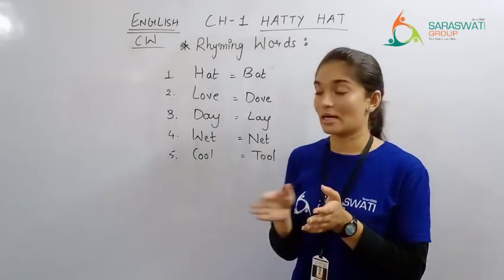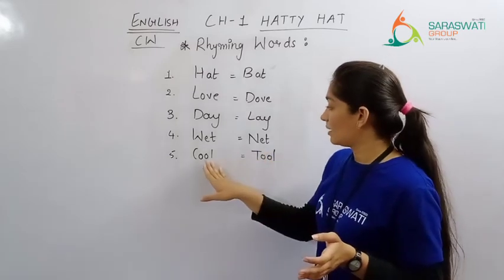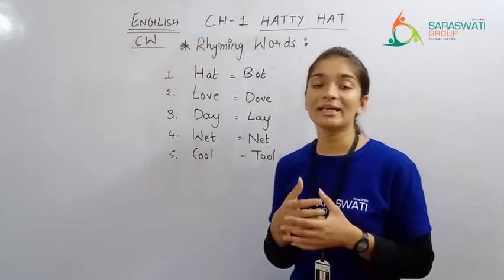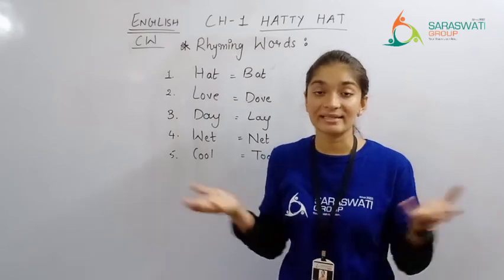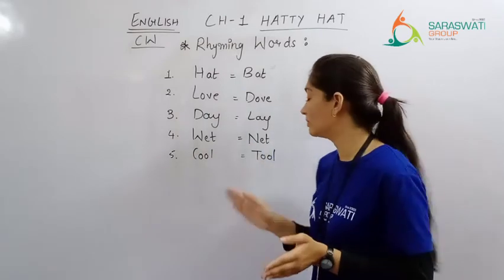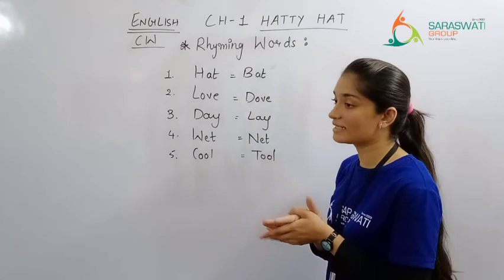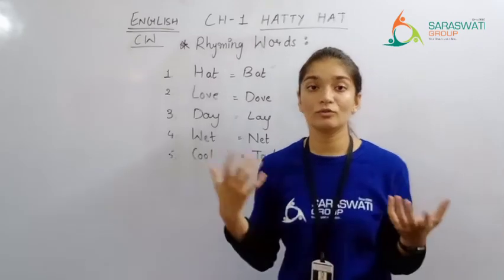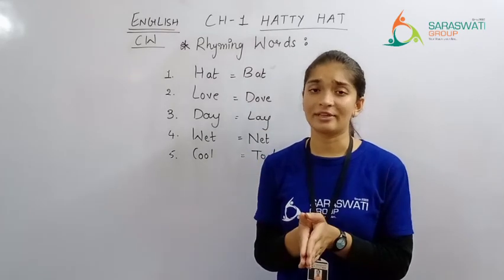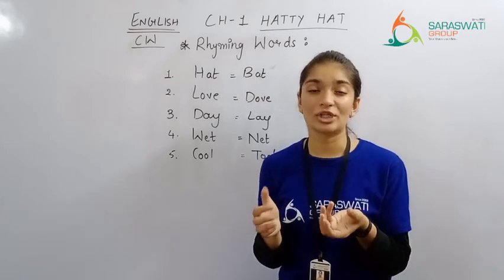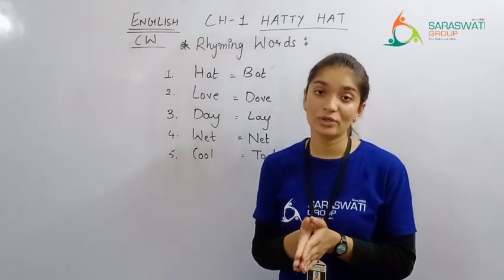Net means jari. Cool, too. Cool means yes, thandu, right? That means cool. And tool means it is an equipment job kind of thing. Like એક કોઈ પણ વસ્તુ જે તમે કોઈ પણ કામ કરવા માટે યુઝ કરો છો, that is known as tool.